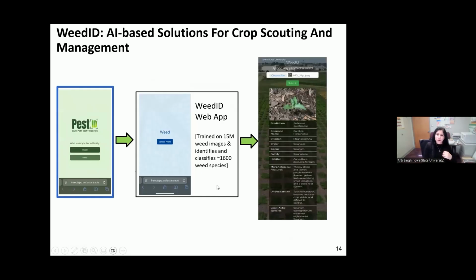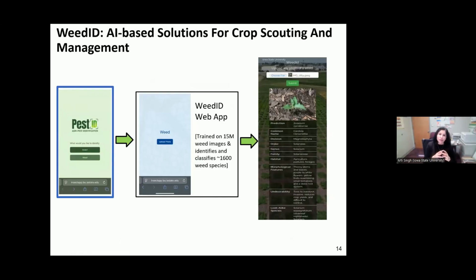So then the question was that it works very well on insects. Will it work on weeds? So this is where we started working on weeds in parallel, to see how these models can work. And the coolest part of these models was that we are using these iNaturalist images with self-supervised learning.